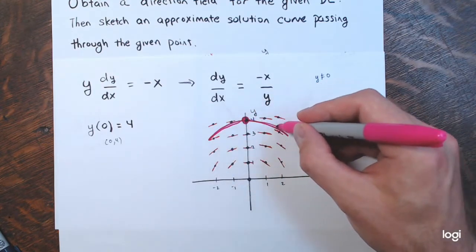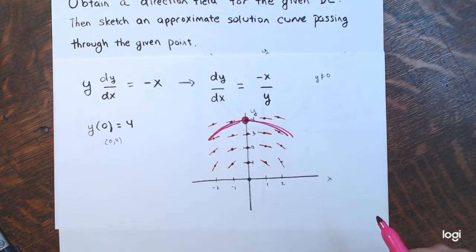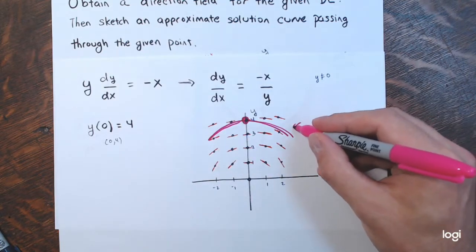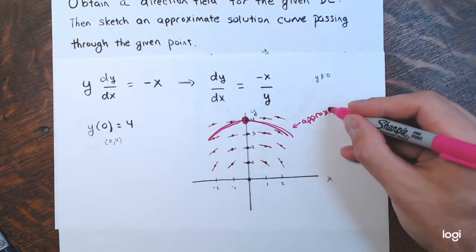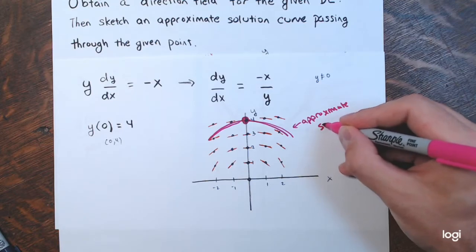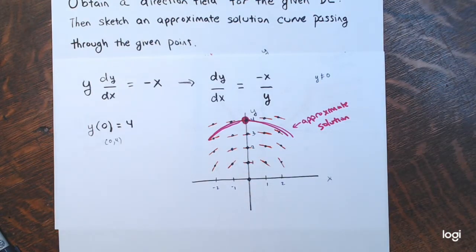Now it might be a parabola, might be part of a circle, might be part of some other crazy thing, all right? But here's the approximate solution I'm drawing that passes through the point (0, 4) on my drawing here. Now you're actually going to see when I go to the computer that the solution should be a circular shape that passes through the point (0, 4).